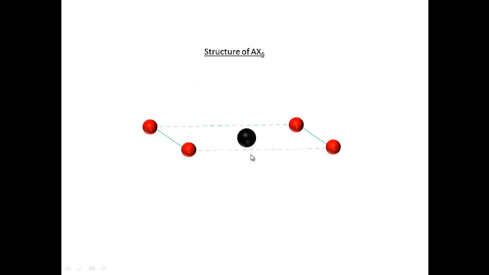So there are 4 X atoms in the plane and 2 axial X atoms, and all these X atoms are at equivalent positions. As ICl5 has a lone pair instead of 1 X, we can substitute one of these X atoms by the lone pair.